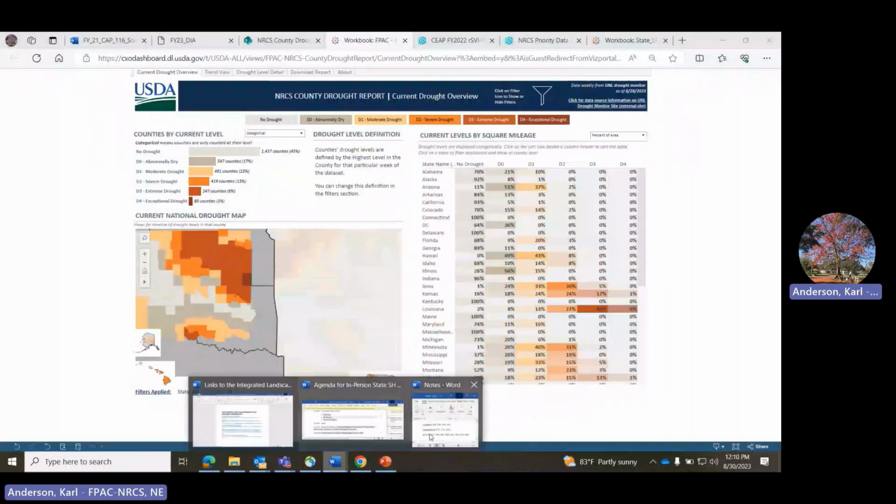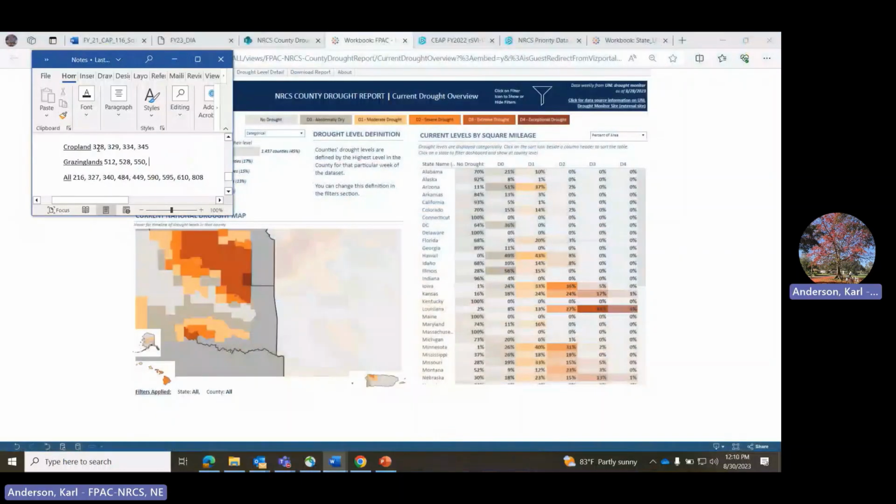And I'll bring up that little box up through here. So kind of in summary, if I was looking at trying to assist someone with these practices and to try to figure out what may be some of the best places to focus our efforts based on these tools, I'd be looking at in that cropland area. It's not real steep. It's relatively level.